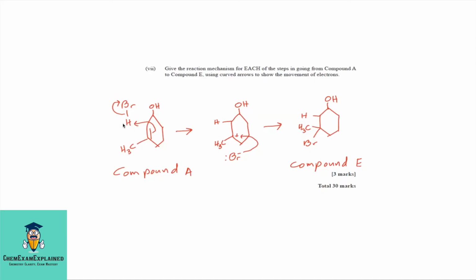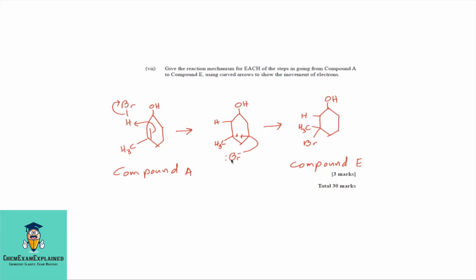Since HBr already has a permanent dipole, the H is positive, so the electrons from the carbon-carbon double bond would bond to the H, causing the bond between the H and the Br to break off, putting the electrons on the Br.